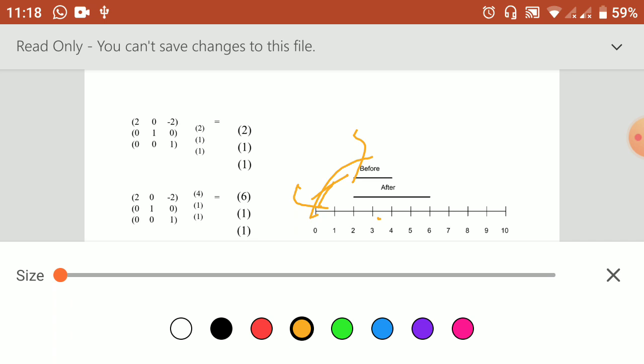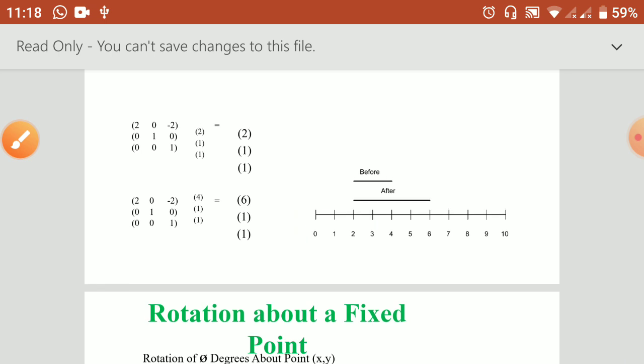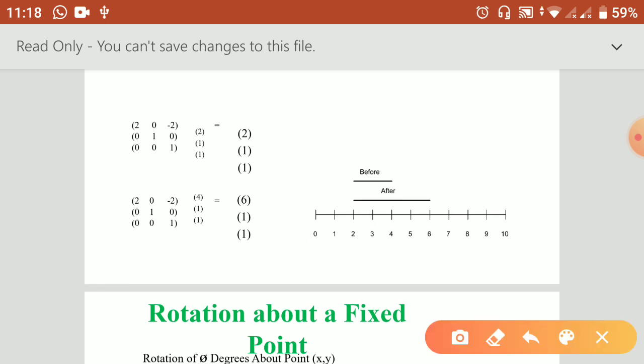So there are three operations, you can see that. First operation, translation: we are translating it to the origin. The default translation matrix is for moving towards the origin. So the matrix we have seen before in the slide was for shifting towards the origin. The default rotation matrix is also for towards the origin, meaning the anti-clockwise direction.